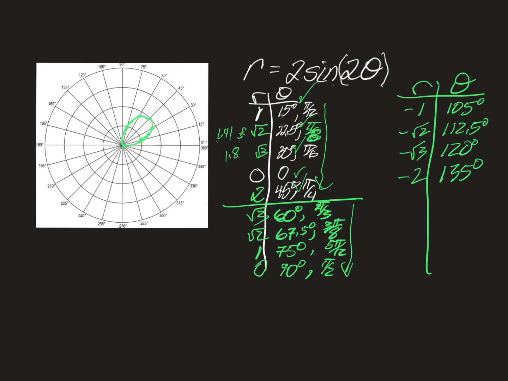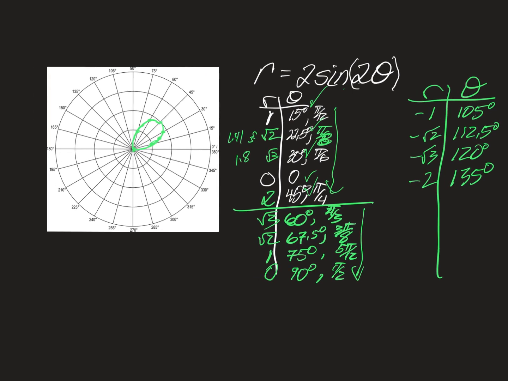And so I come back, and when I do 105 degrees, which is right here, I need to go negative 1.